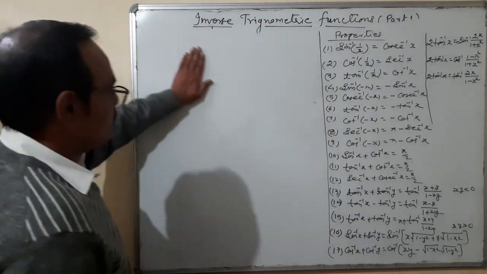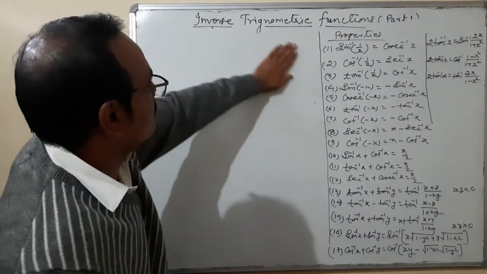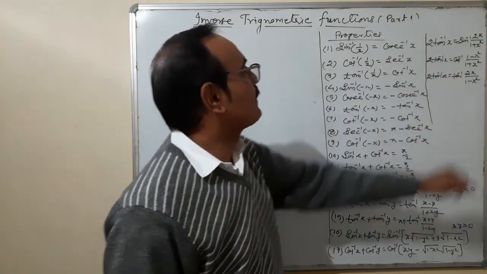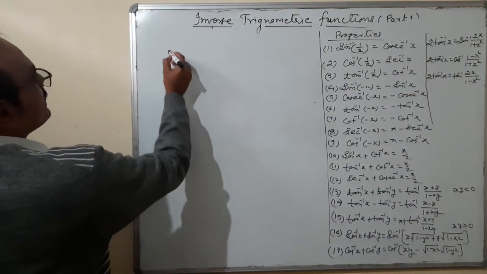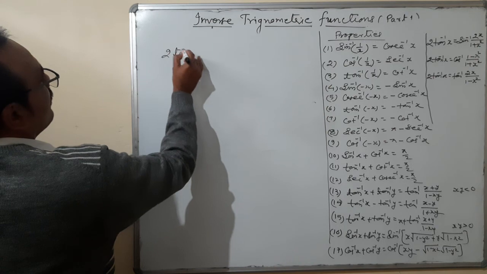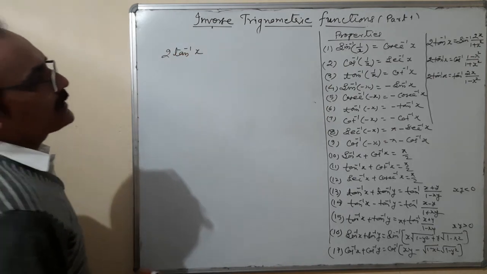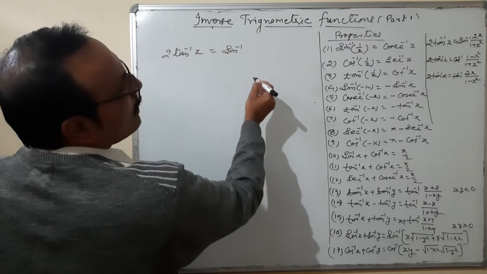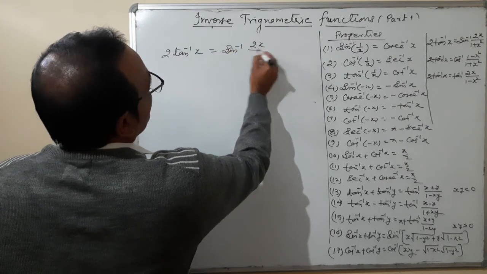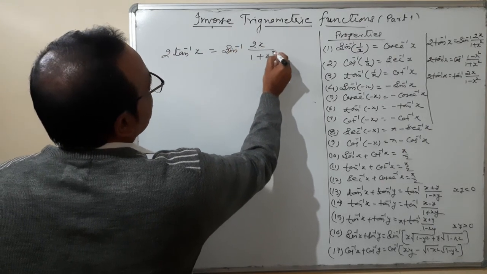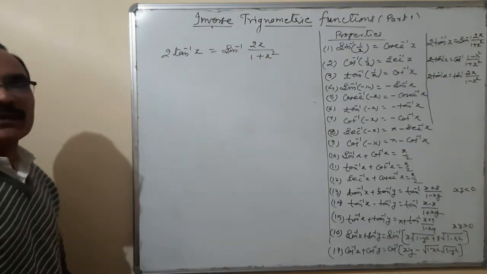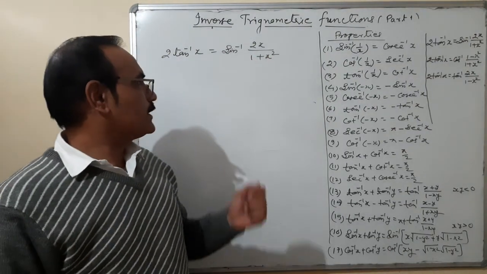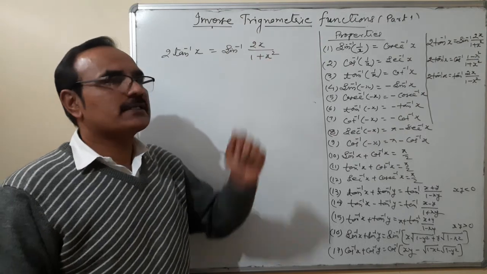Suppose I take any one of them from here: 2 tan inverse x is equal to sin inverse of 2x upon 1 plus x square. From this property there is a clue, sin inverse of 2x upon 1 plus x square.